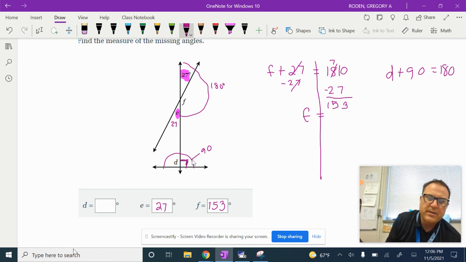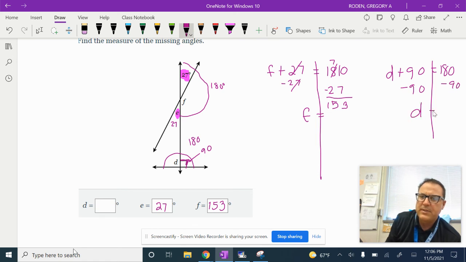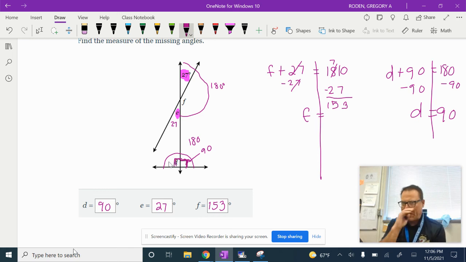So this little part right here is 90, but the entire thing is 180. So I'm just going to subtract 90 from both sides. I bet you know what 180 minus 90 is. Well, D equals 90 again. That's interesting. And that would make sense because if this is a square corner right here, the other side of it has to be a square corner also.